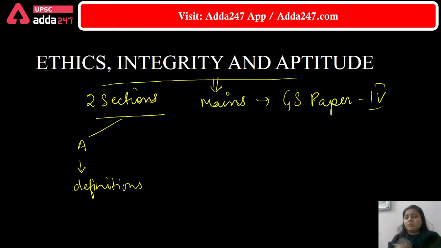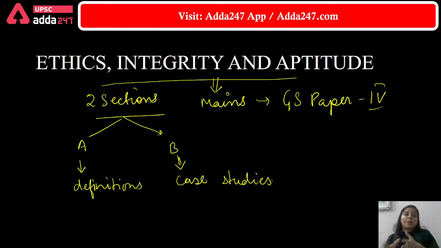Section B will have case studies. For example, suppose you are appointed as a bureaucrat in some particular district, and some situation arises in your district. What will be your stand in that particular situation? So case studies are given, and based on that you have to answer the questions.